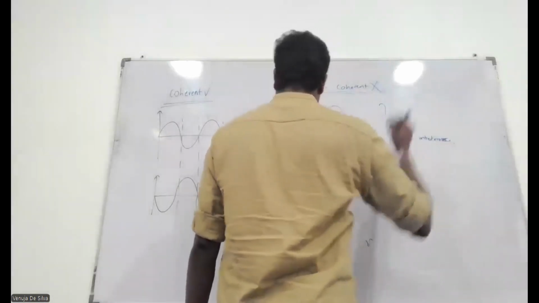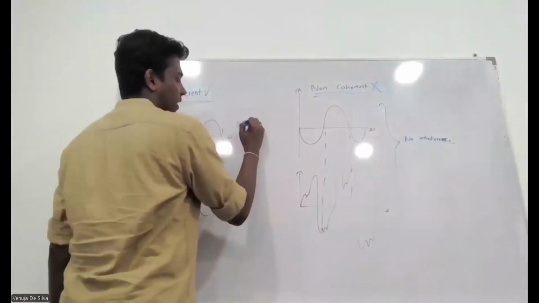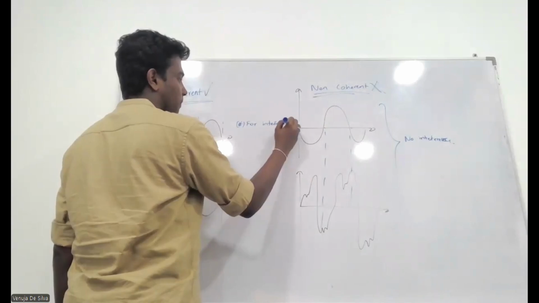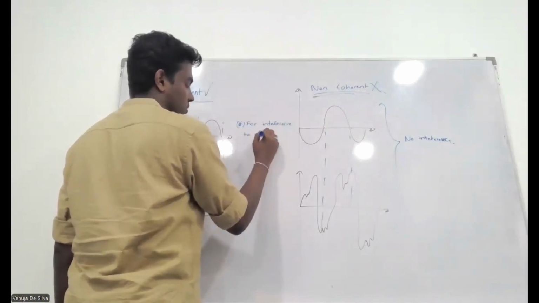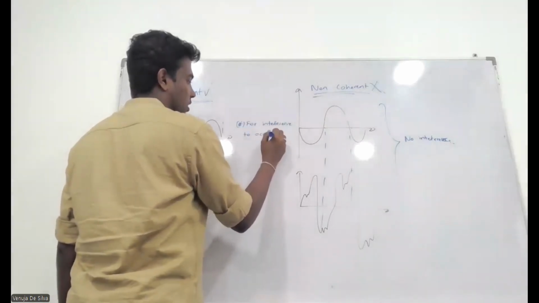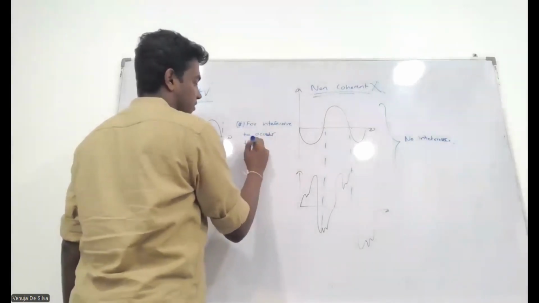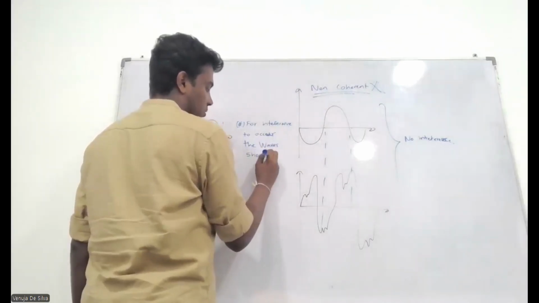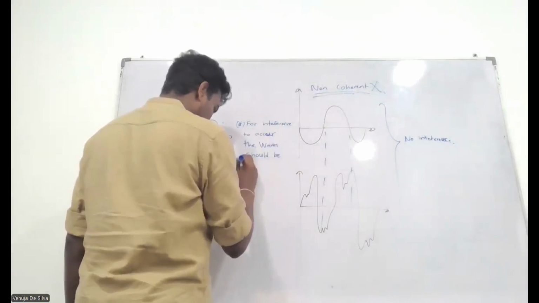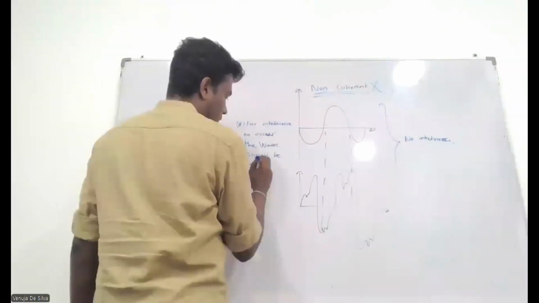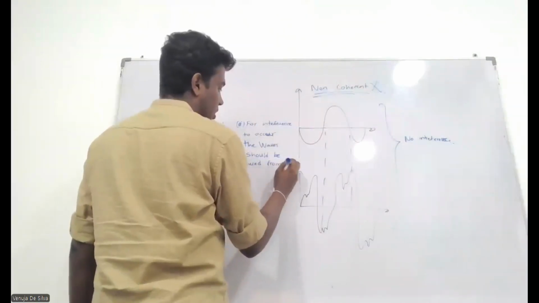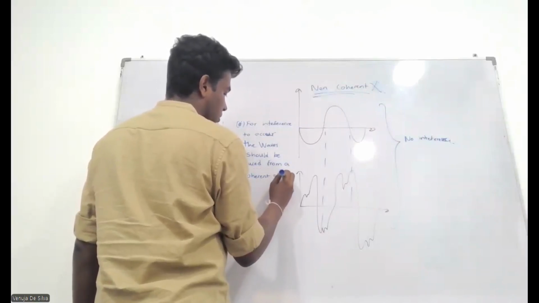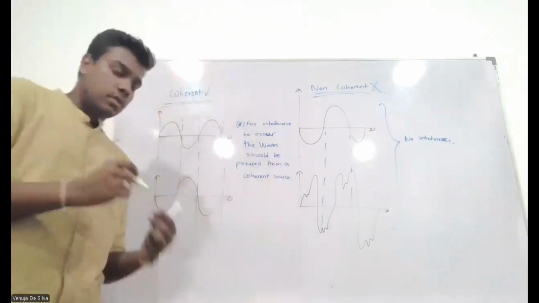Why? You have to know that for interference to occur, the waves should be produced from a coherent source. Understood? Okay.